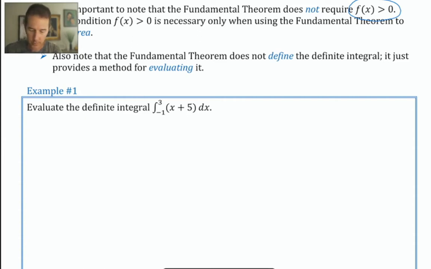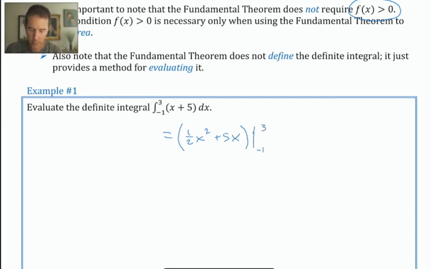In order to do this, I am going to integrate this function right here. So the integral from -1 to +3 of the function x plus 5 is equal to, let's integrate x plus 5. We get 1/2 x squared plus 5x. And I'm going to evaluate that from -1 to +3.